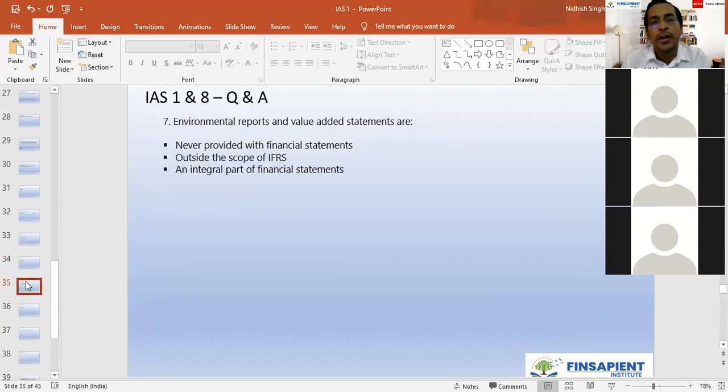Environmental reports and value-added statements are provided within financial statements or outside IFRS. They are not. Never provided with financial statements. It's not outside the scope of IFRS, but not provided with the financial statement.